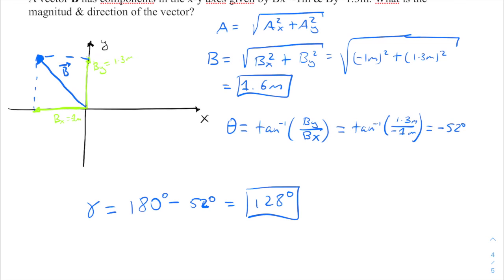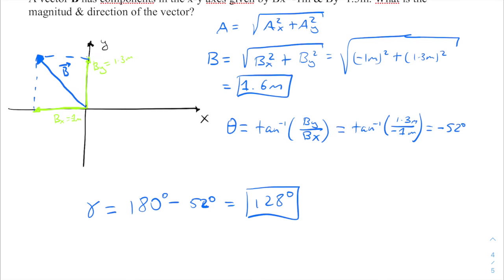Now, does this result make sense? Yes, it does. What this negative result is saying is only that our angle is being measured in the opposite direction of our convention. Our convention says that if we move from the x-axis towards the y-axis, meaning in the counterclockwise direction, we're moving in the positive direction.